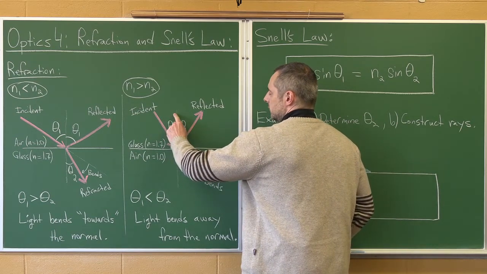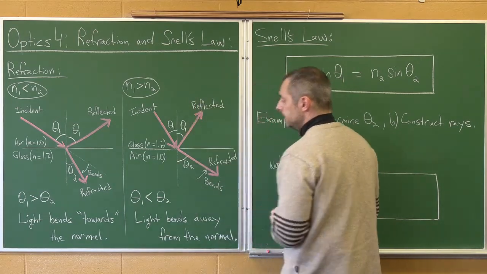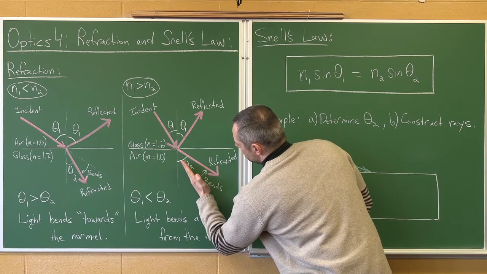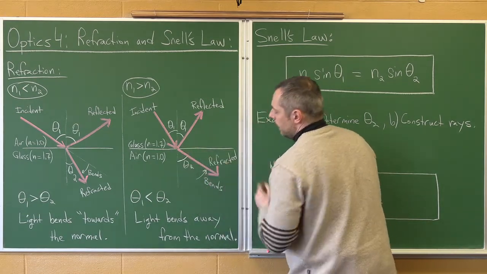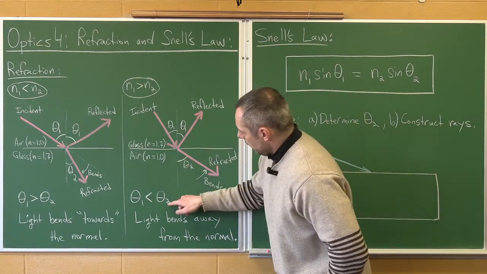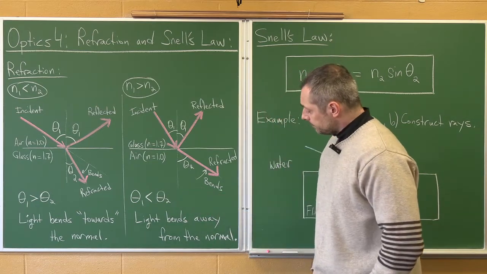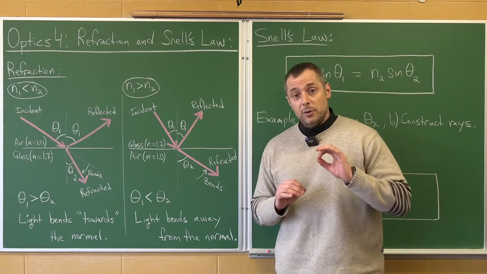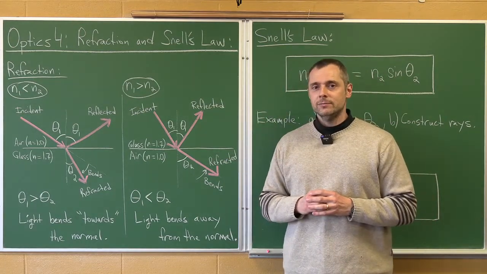Whatever angle this is, if this is 30, this is 30 over here on the opposite side of the normal, which I show light. But now the light, instead of going in a straight line, bends away from the normal, and so bends this way. That means that now theta 2 becomes larger than theta 1. As we could see here, theta 1 is smaller than theta 2, and we say the light bends away from the normal. So let me create a pause to give you a chance to copy all these notes down.